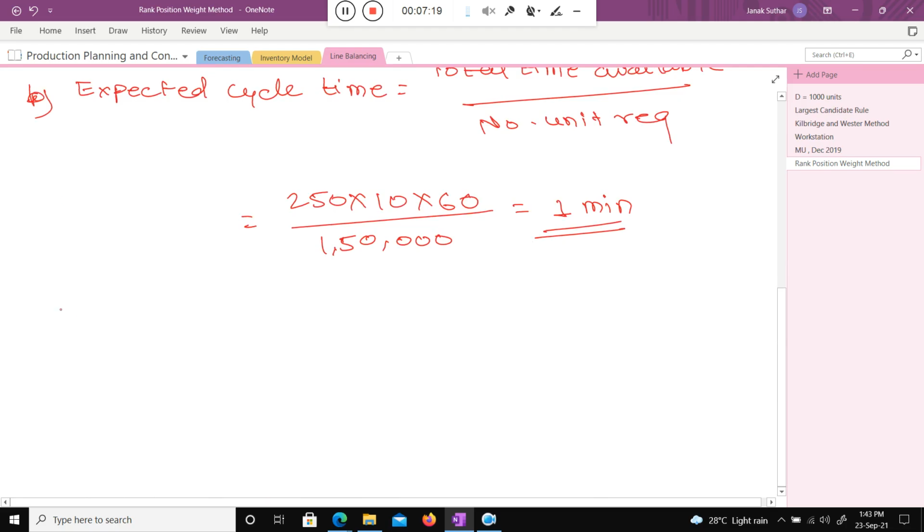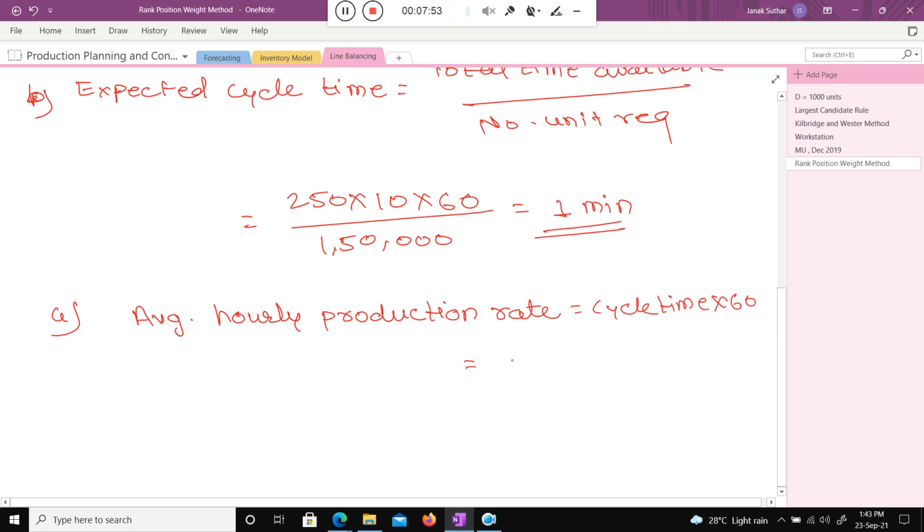This is A, the average production rate. Production rate is equal to cycle time, 1, into 60, because I want to convert it to the hour.